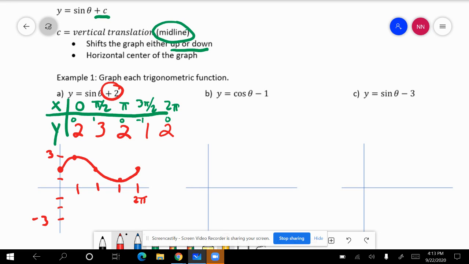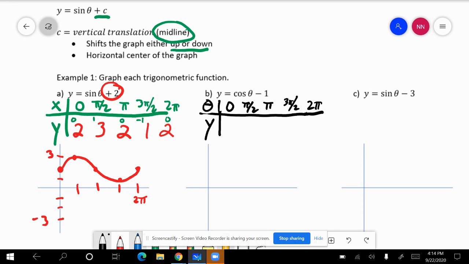Now, when we're looking at cosine, just like sine, the process is the same. So when we're looking at this, we have 0, pi halves, pi, 3 pi over 2, 2 pi.